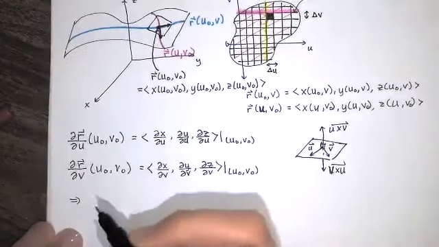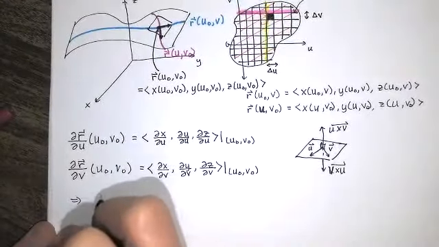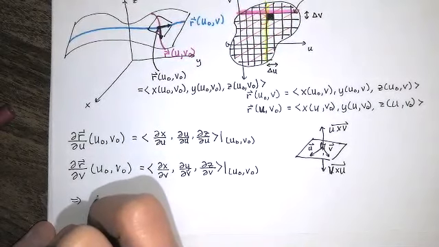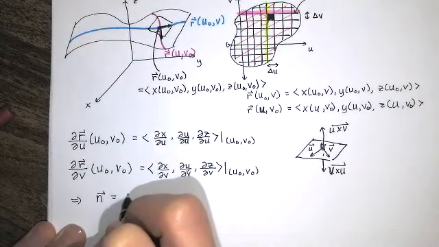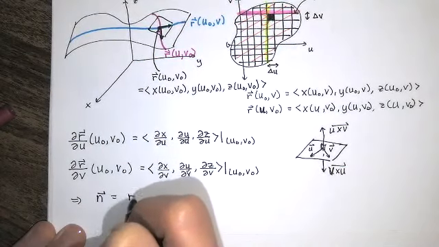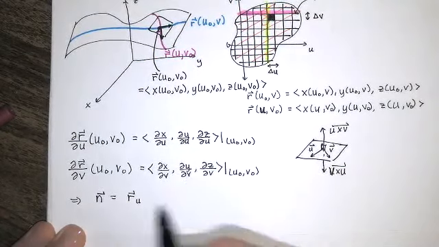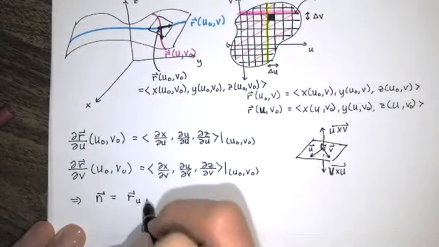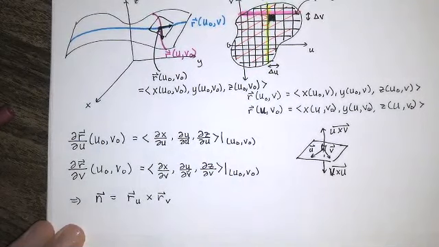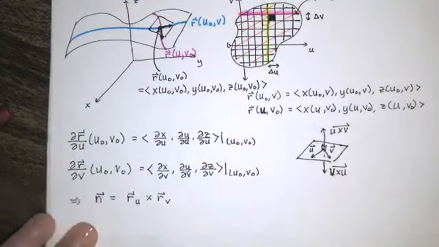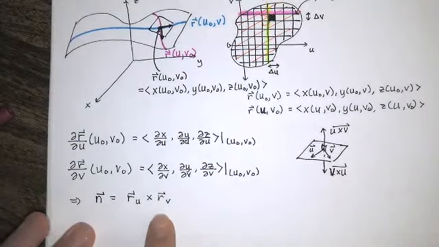So a normal vector is the partial of r with respect to u, which can be notated that way with that subscript notation, crossed with the partial of r with respect to v. Now that is not a unit vector.